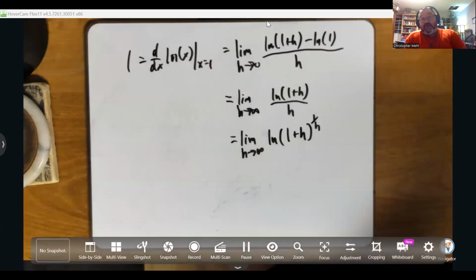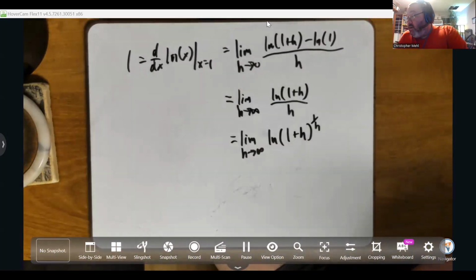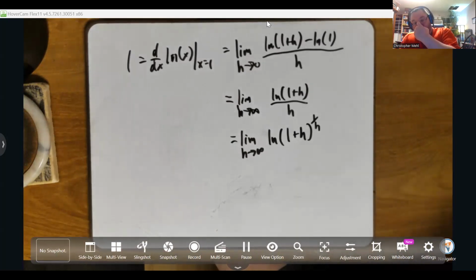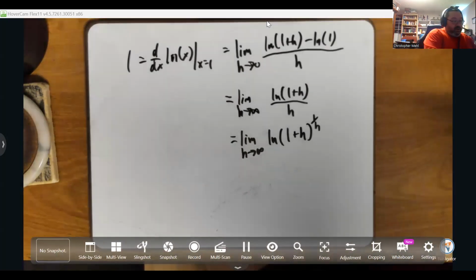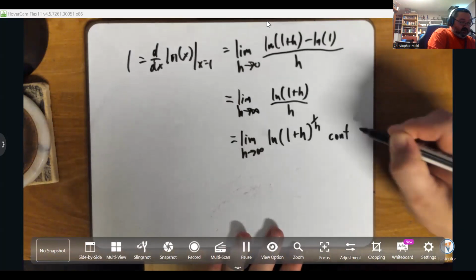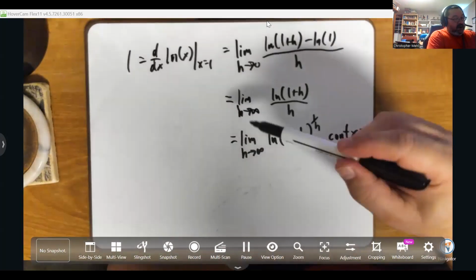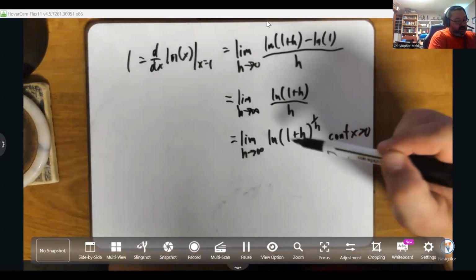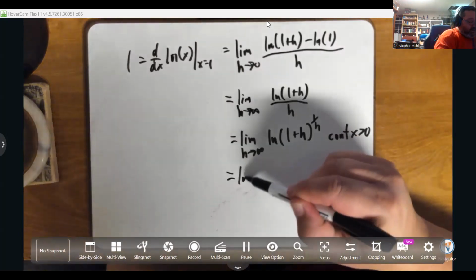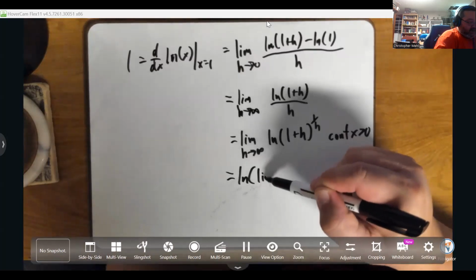All right, now, since the logarithm is continuous for x greater than 0, that means the limit should be able to be carried inside.